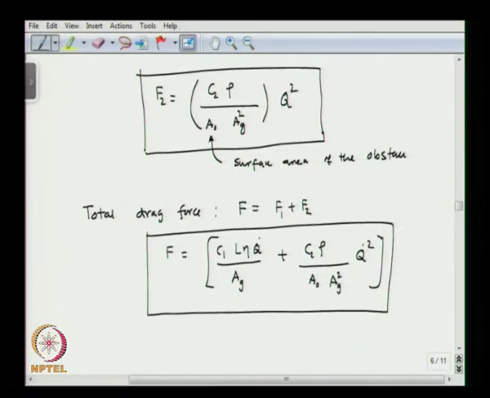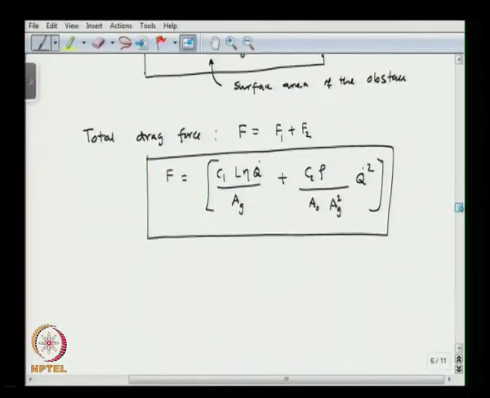So, the total drag force has two components. One is a linear term, so the drag depends linearly on the flow rate, and the second one is the quadratic term, which varies as q dot squared. When the flow rate is low, the linear term is going to dominate, and the drag is linearly dependent on the flow rate.